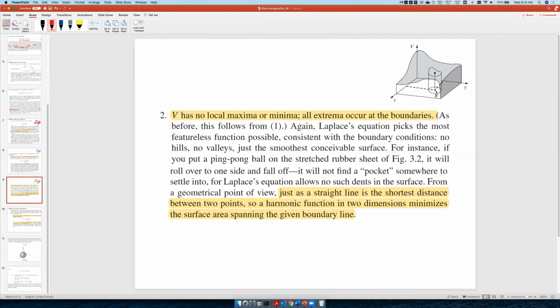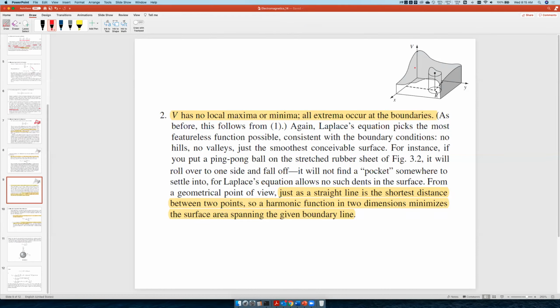That's because the Laplace equation allows no such dents in the surface. Or from a geometric point of view, just as the straight line is the shortest distance between two points, a harmonic function in two-dimensional cases minimizes the surface area spanning the given boundary line.